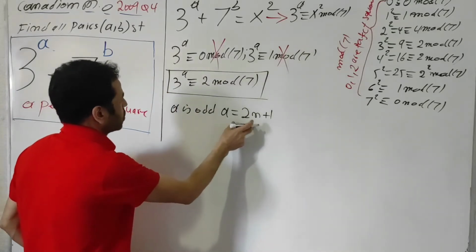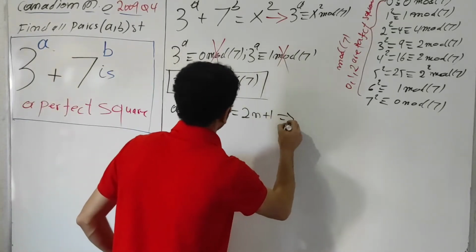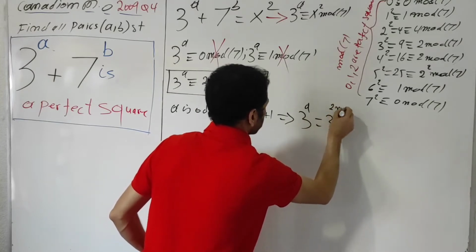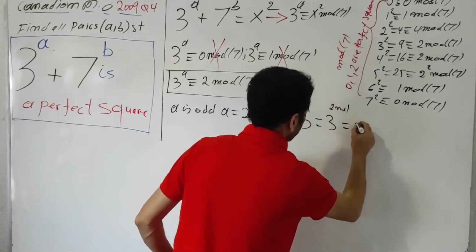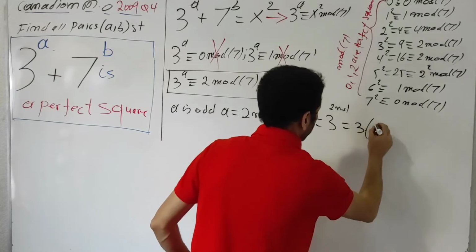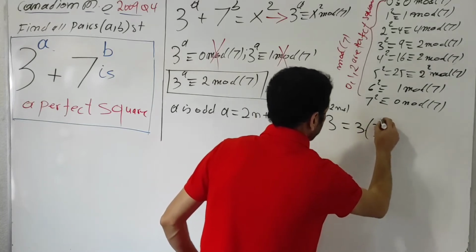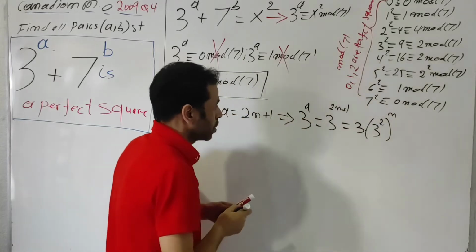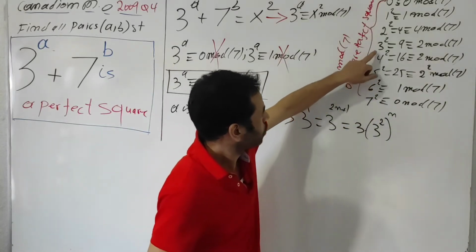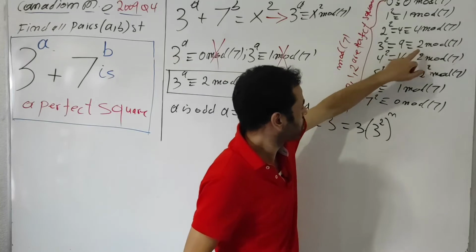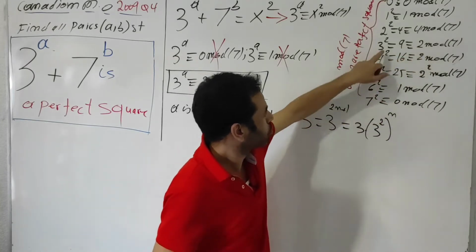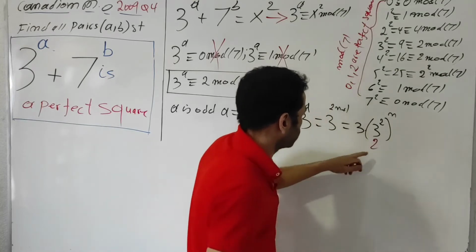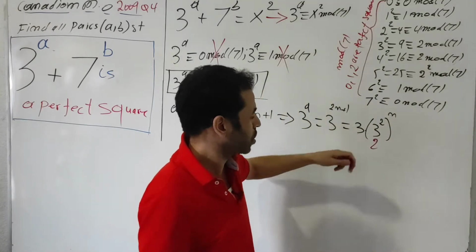So 3 to the A equals 3 to the 2n plus 1, which equals 3 multiplied by 3 squared to the n. As we know, 3 squared is congruent to 2 mod 7, and 2 multiplied by 3 is 6.